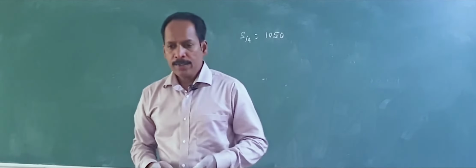They have given that the sum of the first 14 terms of an AP is 1050 and its first term is 10, and we have to find the 20th term.